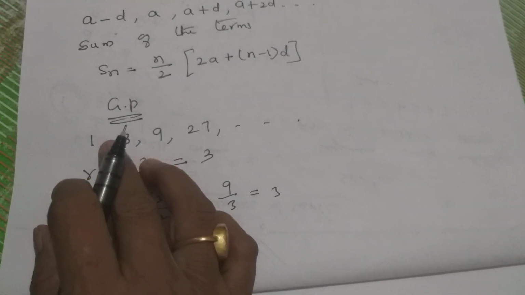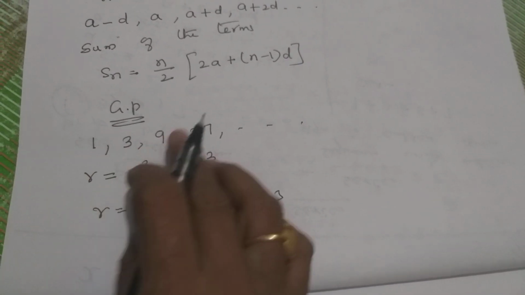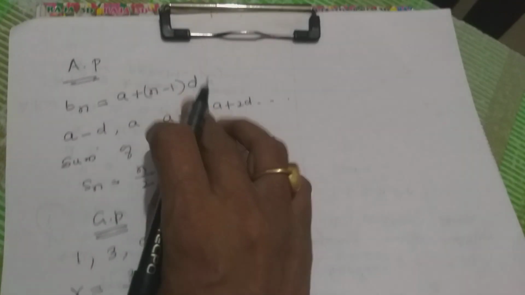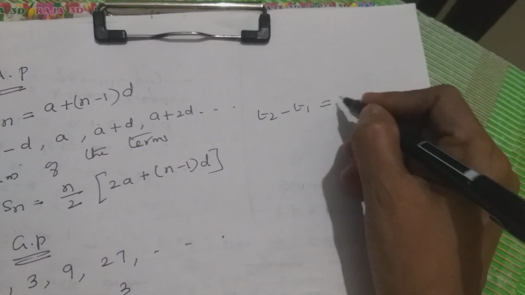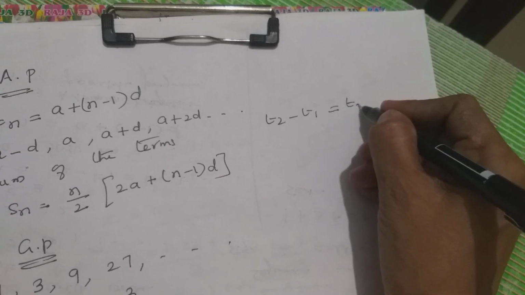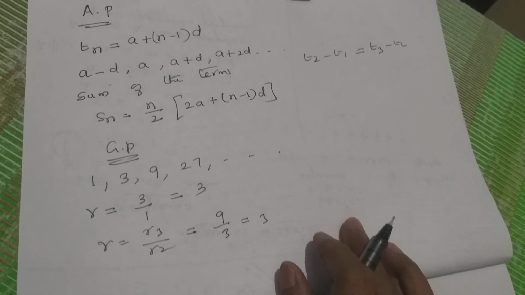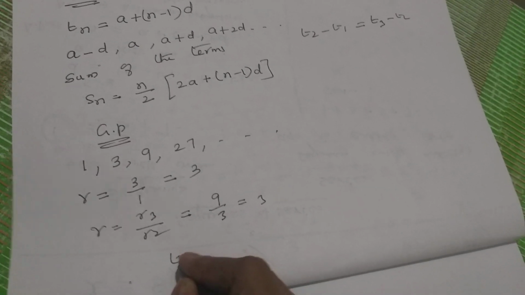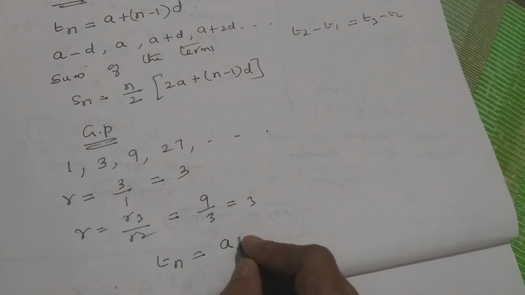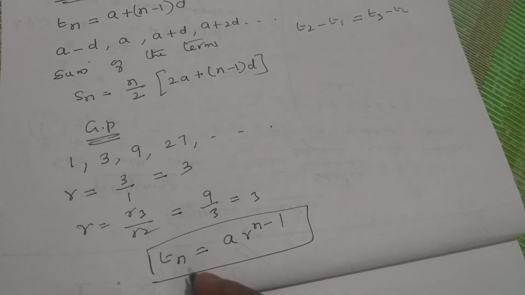So we can equate R2 by R1 equal to R3 by R2. In the same way in AP, T2 minus T1 can be equated with T3 minus T2. All the differences are equal, and here the ratios are equal. Here Tn is A r power n minus 1. That is your formula for Tn.